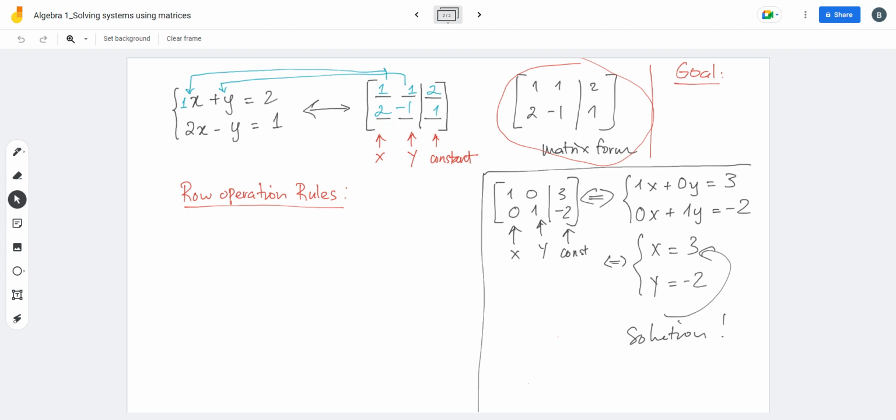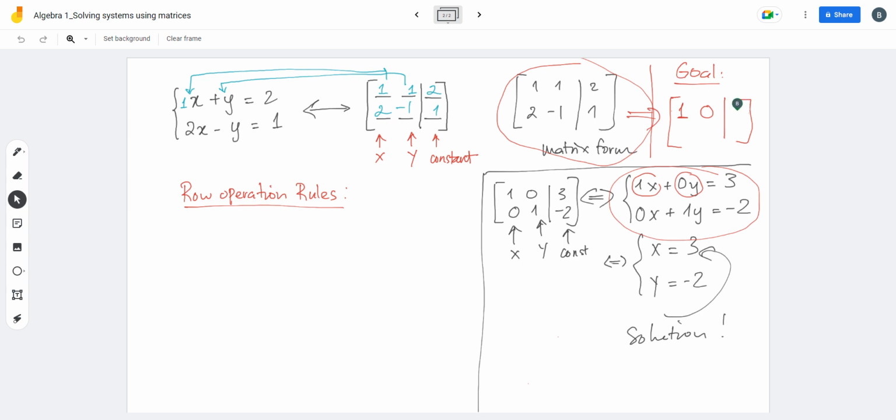So coming back to the goal, to transform this matrix form, the goal is that you're going to have something similar to this, right? So 1 over here represents x, and this one is 0, so you have 0 here. And let's say that you have a number, so I'm just going to write E here, for any number that you want.